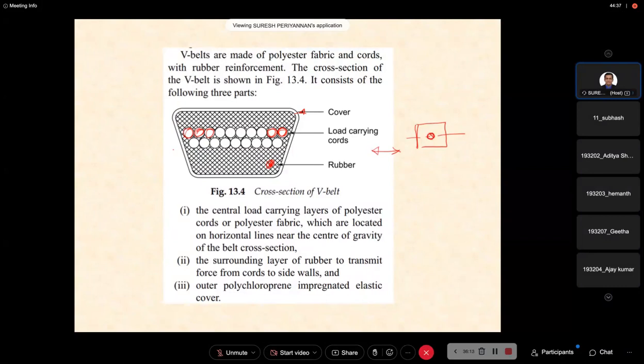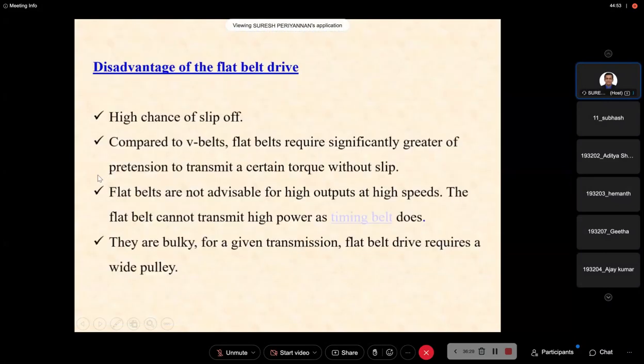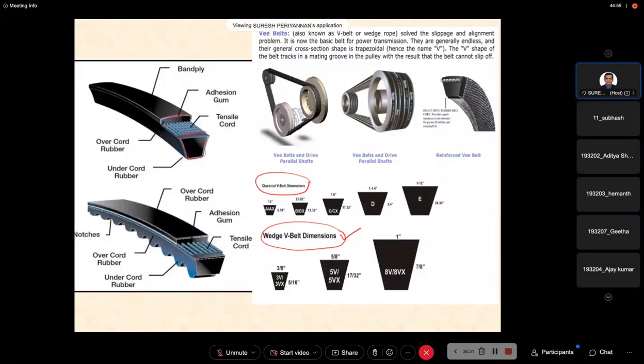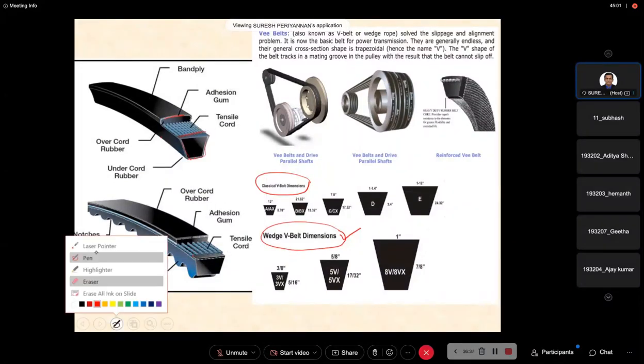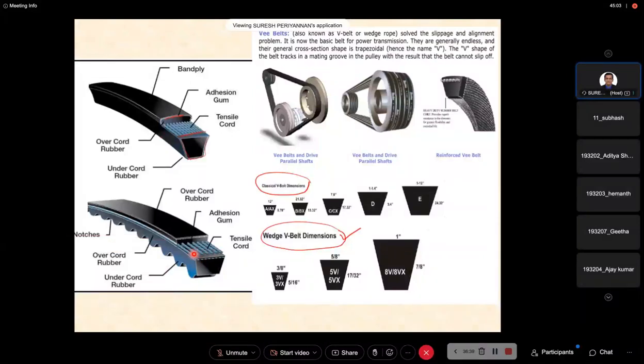Now this is a trapezoidal cross section, hence they sit here, based on the center of gravity. Each row of cords sits based on the center of gravity of the trapezoidal cross section of the belt.